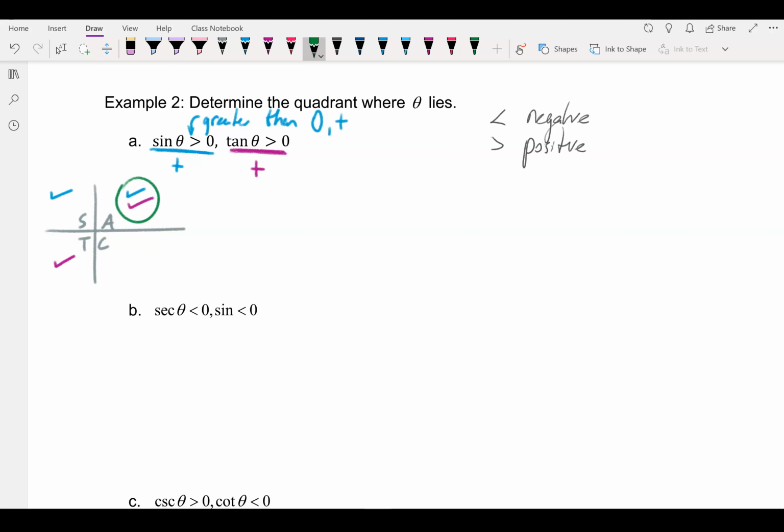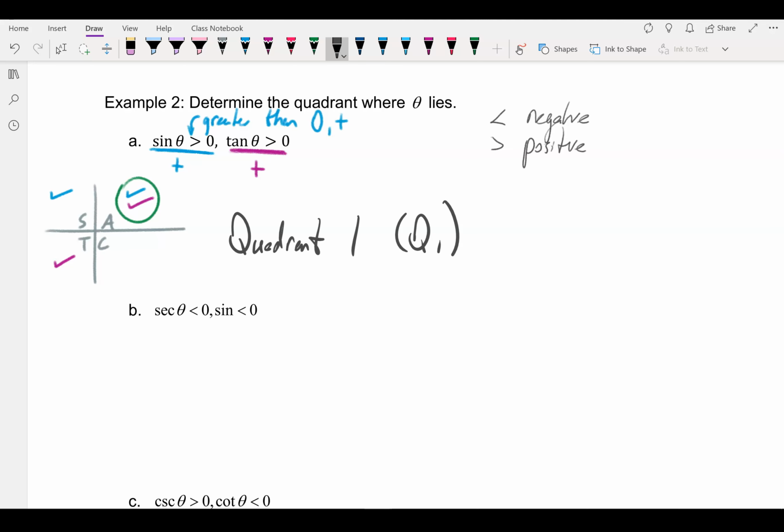So as a reminder, determine where this mysterious angle is. Well, this mysterious angle gives a positive sine value and a positive tan value. This is our only option. And so in that case, the quadrant that it must be in is quadrant 1. Or you can just write Q1.